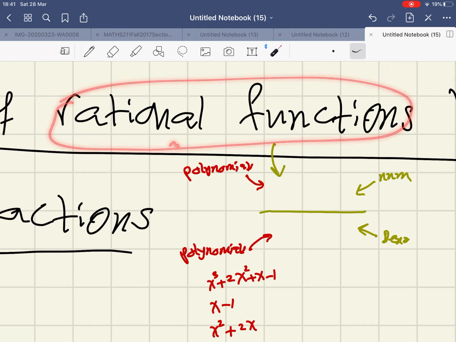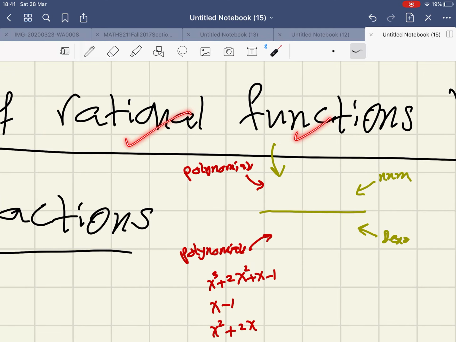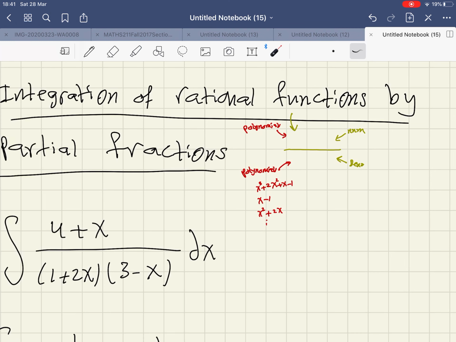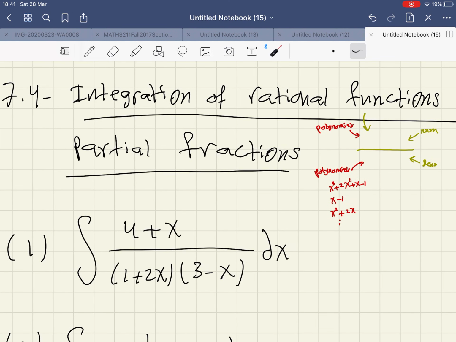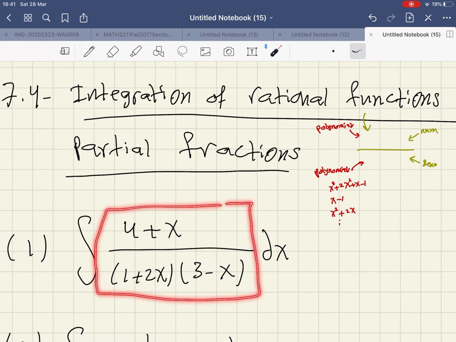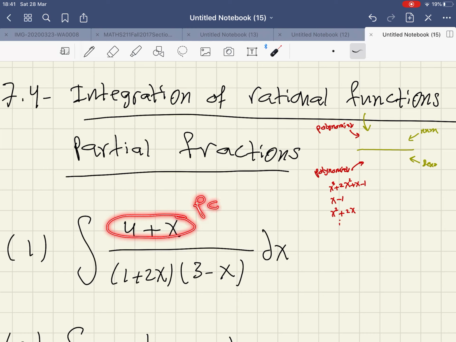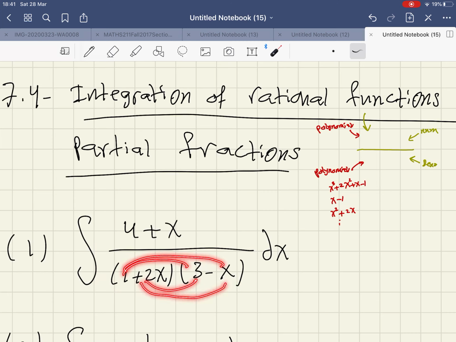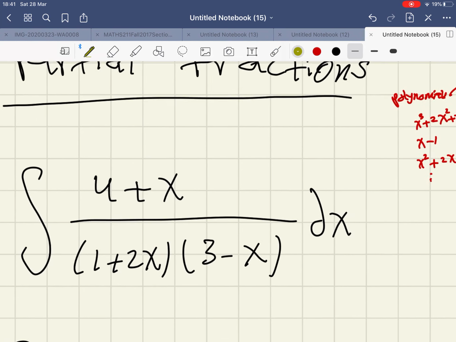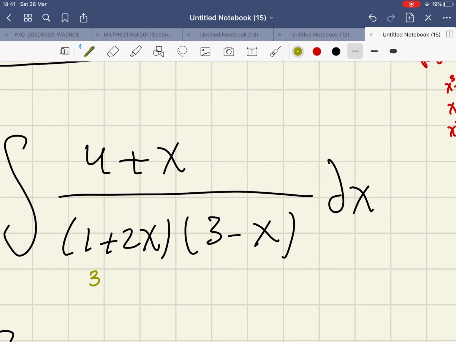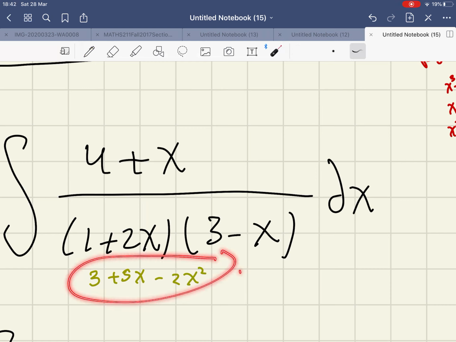And what we want today, our goal, is to find the integral of rational functions. Let's see some examples. Look at this one. This function up here is a rational function. Why? Because the numerator is clearly a polynomial, and for the denominator, of course, I can expand it, and if I expand, I get 3 plus 5x minus x squared, which is by itself a polynomial.